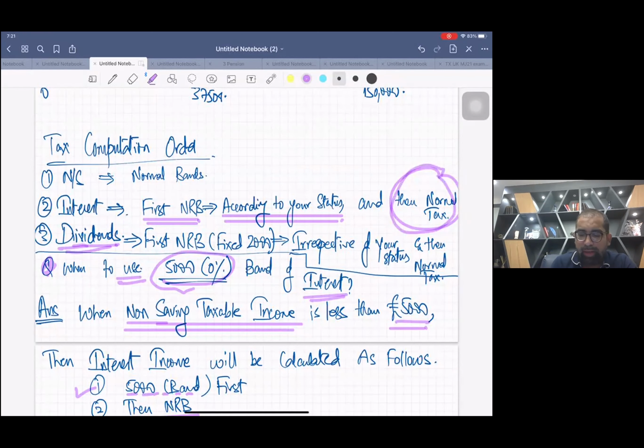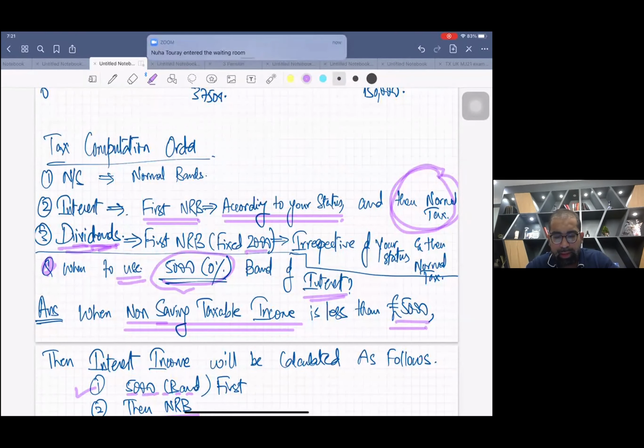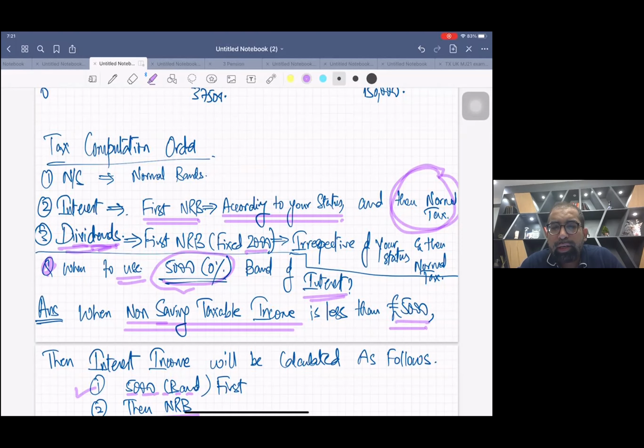Okay, now finally, for dividends there is only one rule. For dividend income, the NRB is a fixed 2,000 irrespective of your income. Then normal tax.